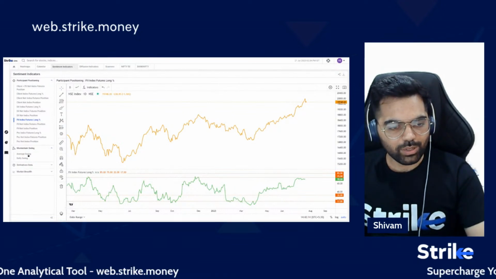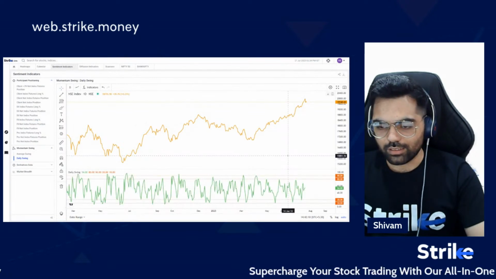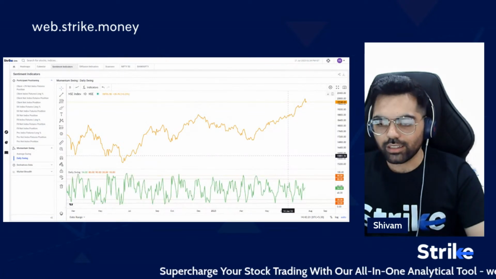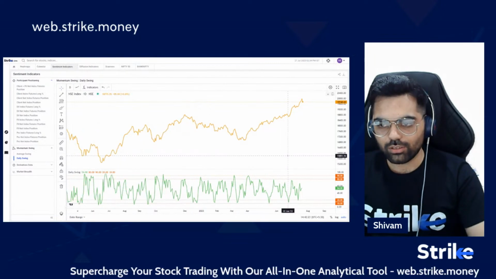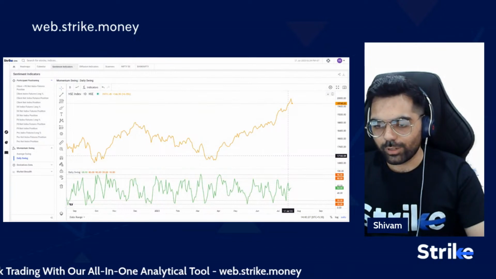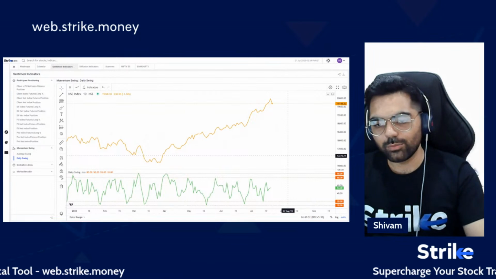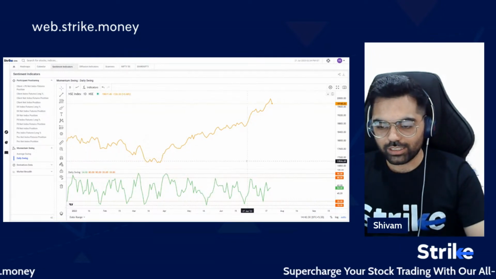I'll jump to the momentum swing first. Momentum swing is our proprietary indicator in which we run a scan to check whether the momentum is rising or decreasing day over day over the F&O scripts. This is a very helpful indicator in terms of giving us short-term swings.